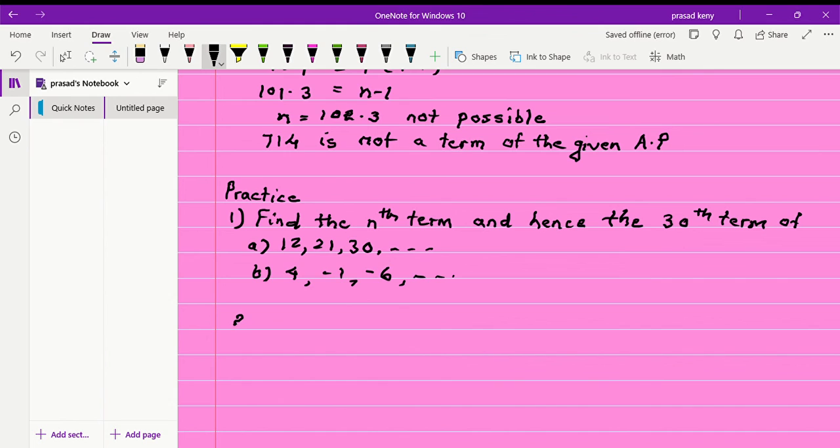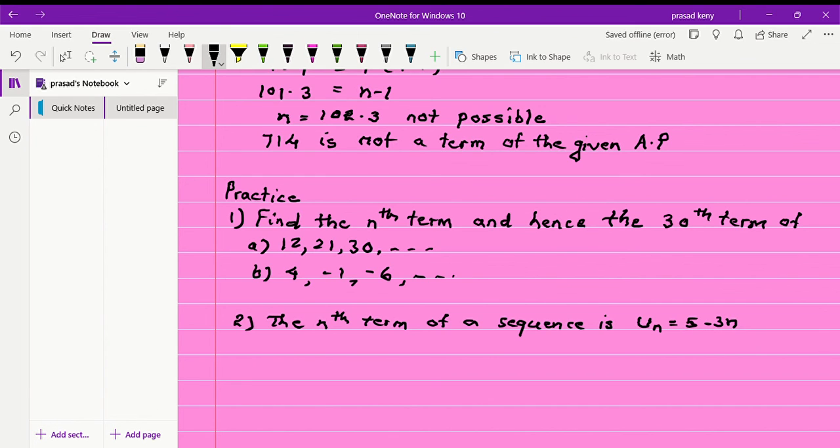Second problem, the nth term of a sequence is given as un is equal to 5 minus 3n.